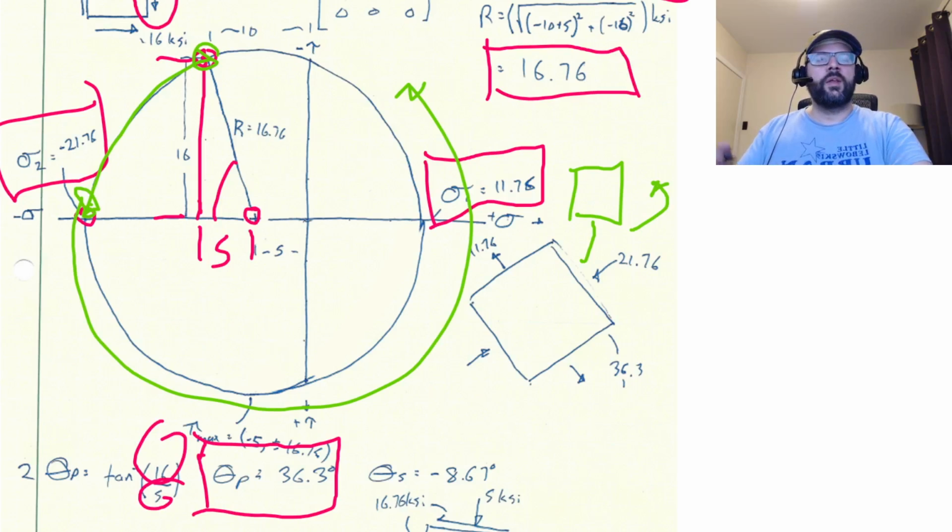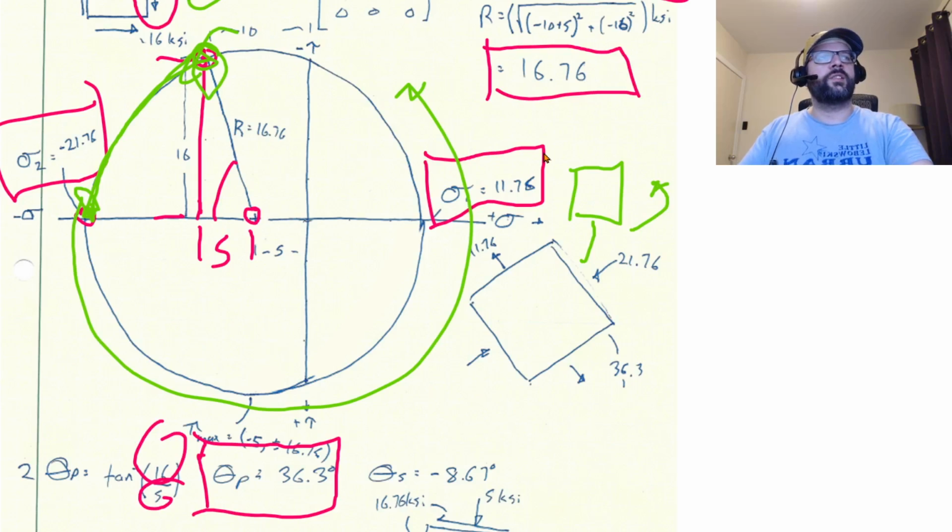And again, to figure out which face is which, the one that started out with the negative 10 ksi on it grows to a negative, and we start out here, we rotate down here, and the compressive stress on that one grows until we hit its maximum. So it grows to 21.76 ksi.